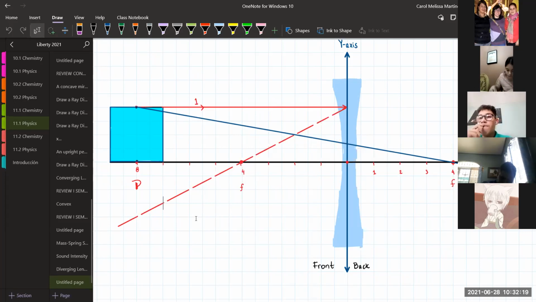In this point, you will sketch a horizontal line. Okay, a horizontal line.